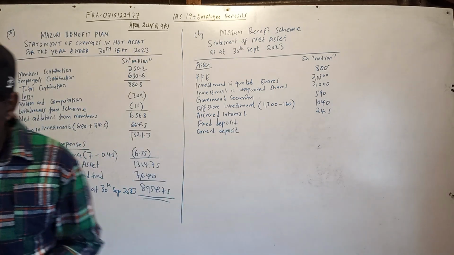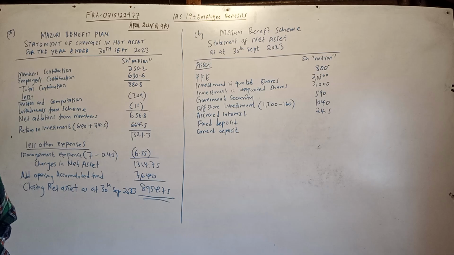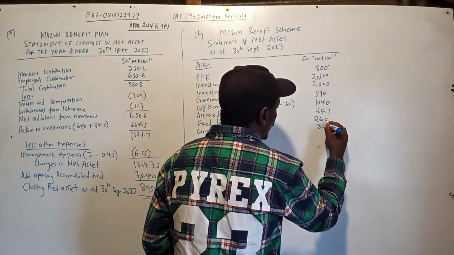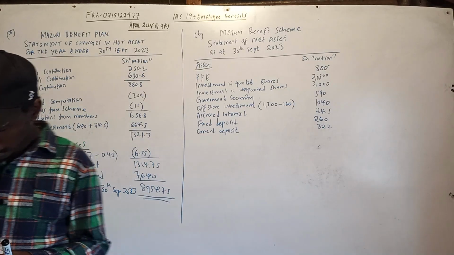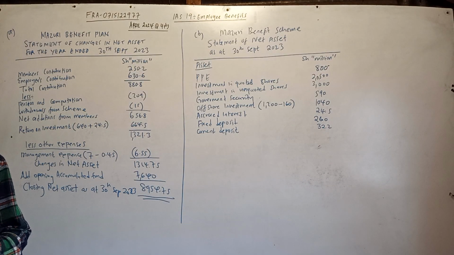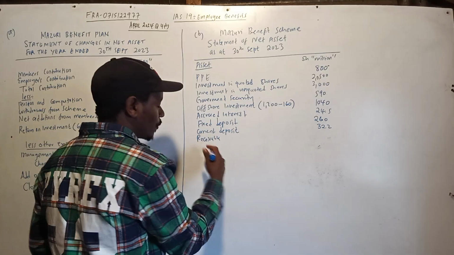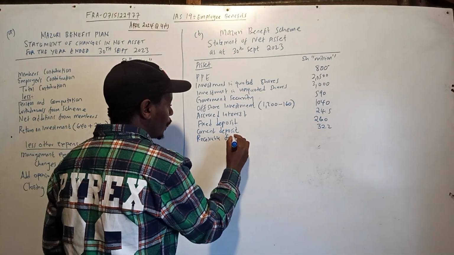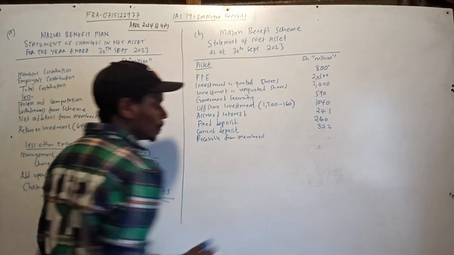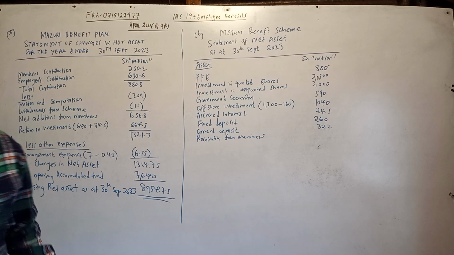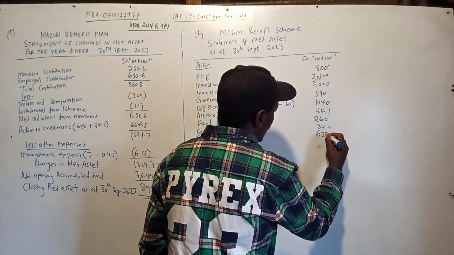Fixed deposit is 260, and the other one is 32.2. And then you have receivables from members, which is 635.6.